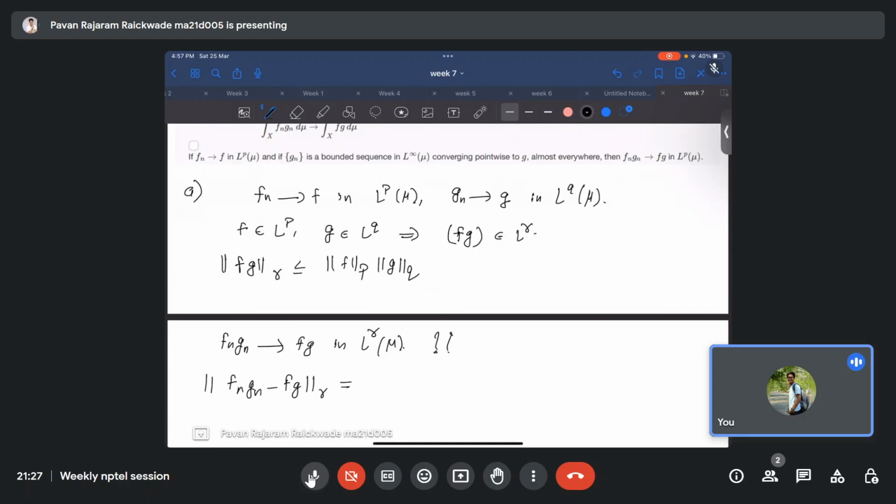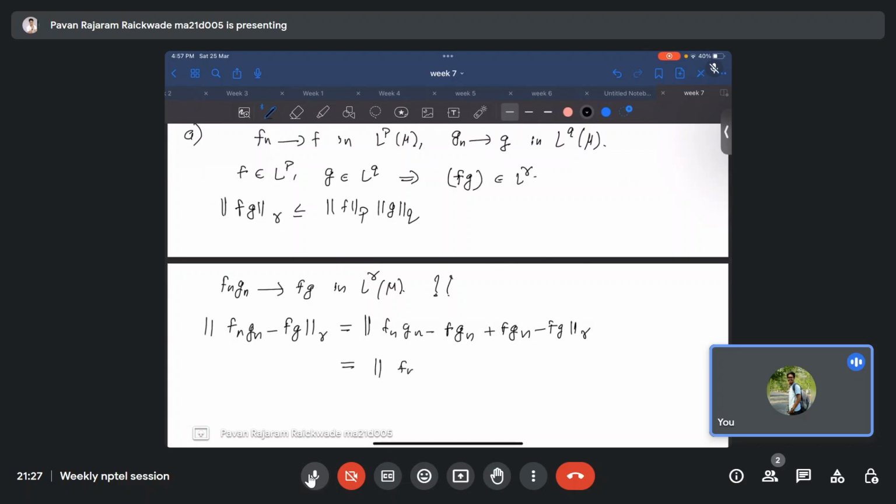The R norm of FnGn minus FG, I'll just add and subtract FGn, which is the norm of Fn minus F times Gn, R norm, less than or equal, by triangle inequality, plus the norm of F times Gn minus G, R norm.